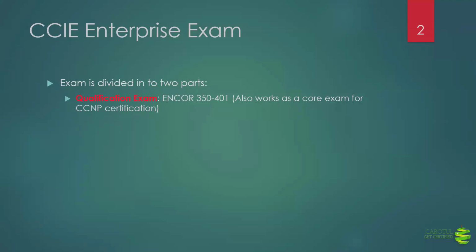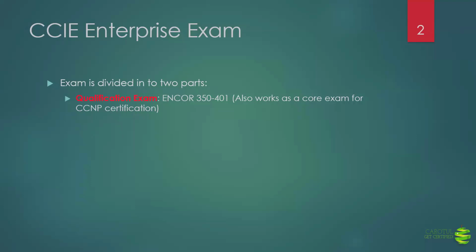Earlier, there were separate exams for CCNP like ROUTE, SWITCH, and TSHOOT, and then you had a dedicated CCIE qual exam, a multiple choice question exam that you needed to pass to be able to book the actual CCIE lab exam.